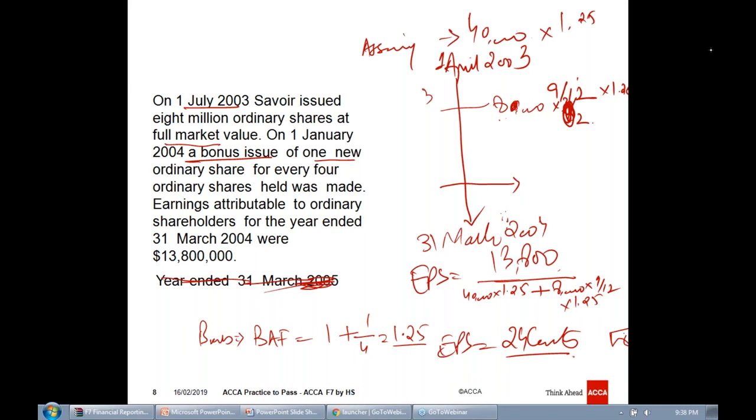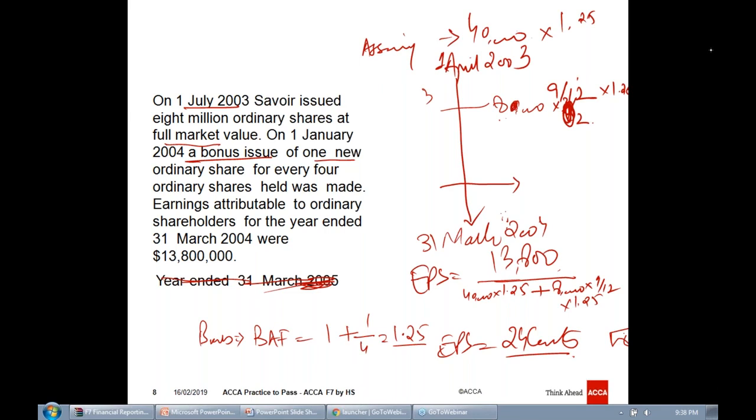So I'm here for a further 1 or 2 minutes. If you have any problem in bonus shares or right shares, you can ask freely.